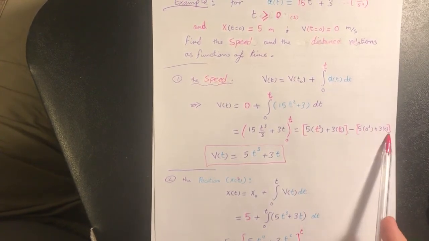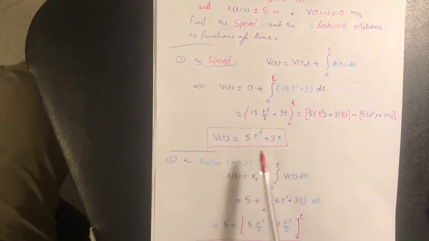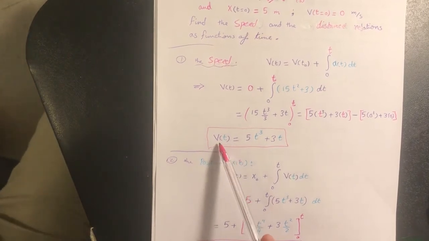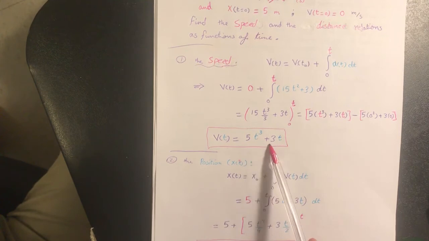This will be 0. So we have the velocity or speed. We don't know the direction, so we'll call it speed as a function of time, equal to 5t cubed plus 3t.